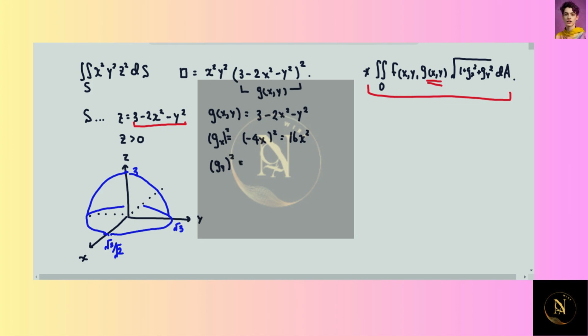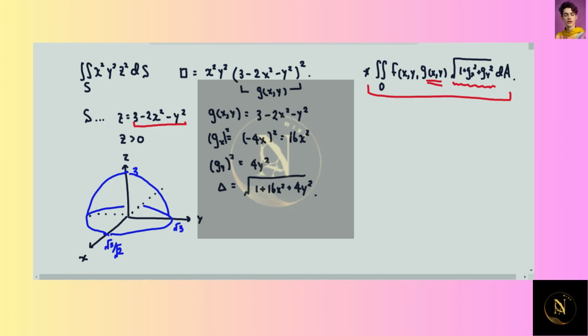After squaring it, we will get 4y squared. So let me call this triangle, which is this portion, equal to the square root of 1 plus 16x squared plus 4y squared.